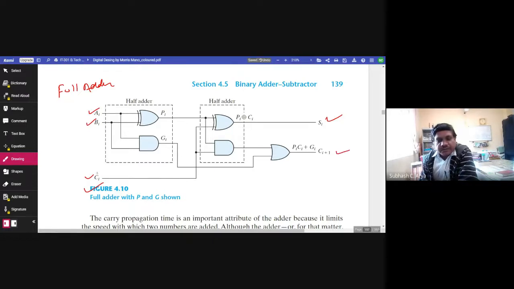This is the previous carry, or say present carry. Some generic names are given, like Pi, Gi in between, and then Pi exclusive OR of Ci, which is the second input. Using an external OR gate plus two half adders, we can realize the full adder circuit.